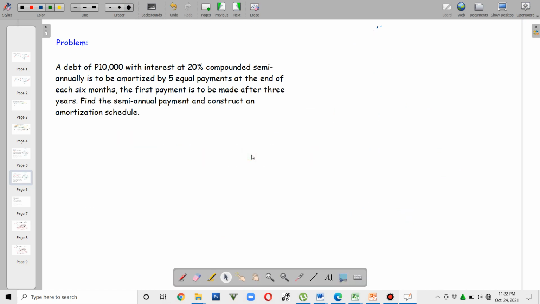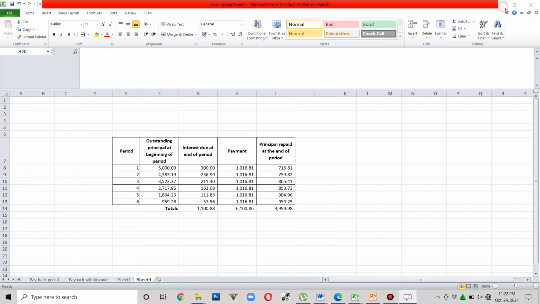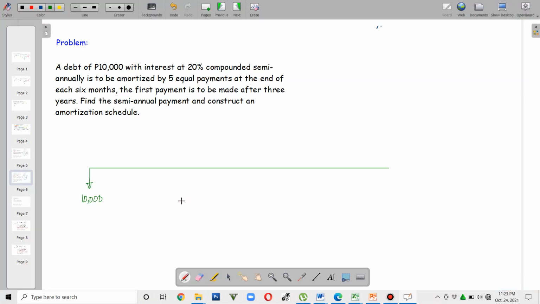Okay, so let us construct the amortization schedule or cash flow diagram first. So meron tayong utang na 10,000 pesos. So here we determine our period, no? So to determine that, of course, sabi dito, 5 equal payments at the end of 6 months. The first payment is to be made after 3 years.